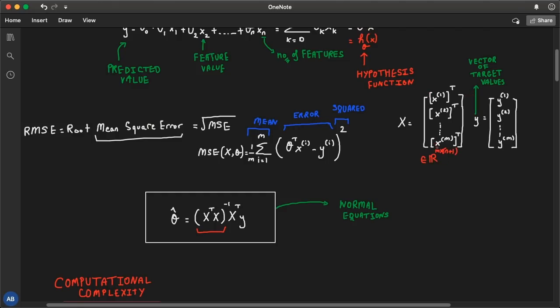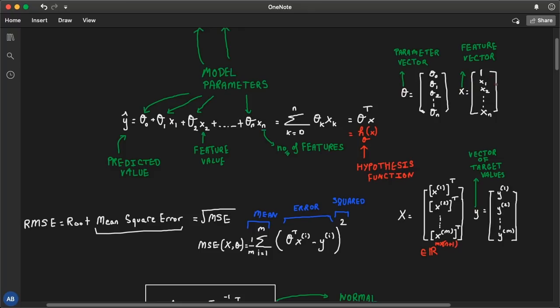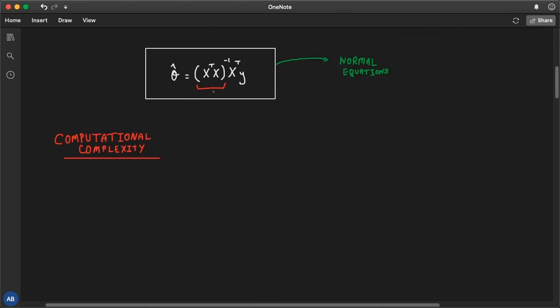It has m by n plus 1 entries: m rows and n plus 1 columns. Why n plus 1? Because X contains a 1 right here and then n entries. So in total, you've got n plus 1 entries. So back here, X transpose X is n plus 1 by n plus 1.